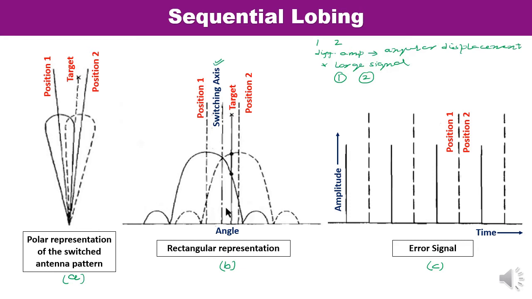In case there is a difference, that gives us the angular displacement, and the sign of the difference determines the direction in which the antenna must move so that the switching axis aligns with the direction of the target. Depending upon the sign, we get to know in which direction the antenna needs to be moved so that the switching axis and the direction of the target can be aligned.